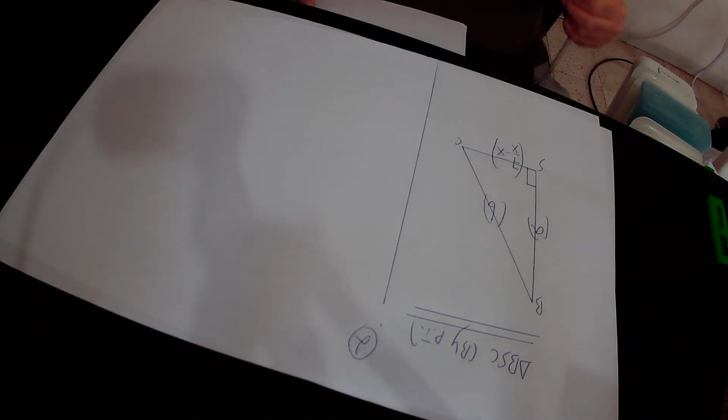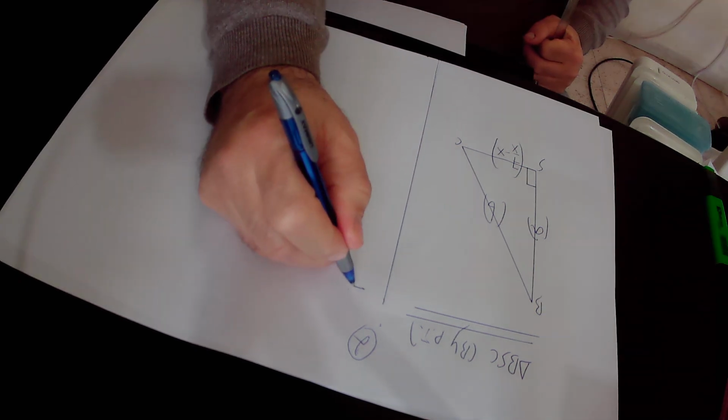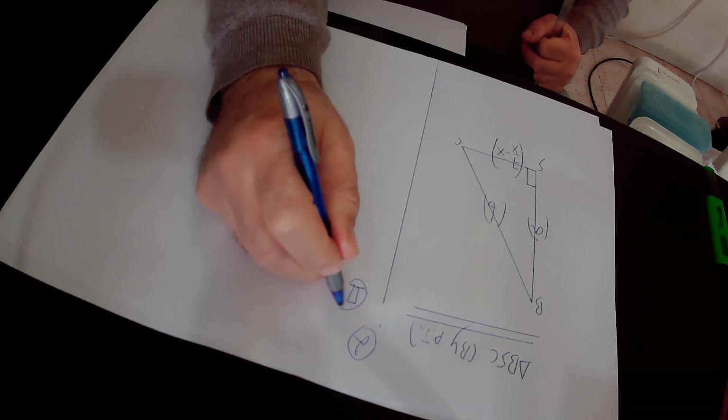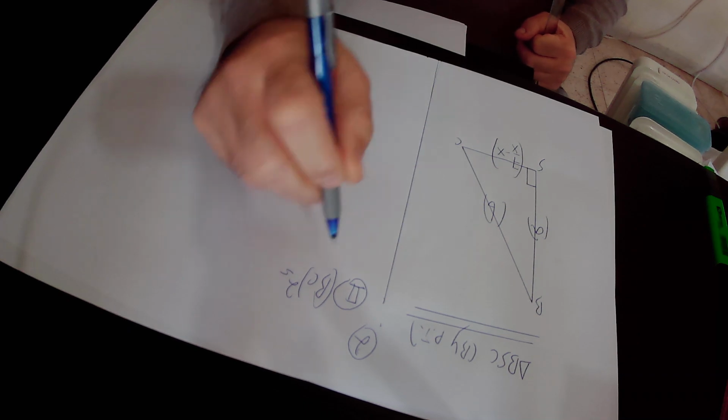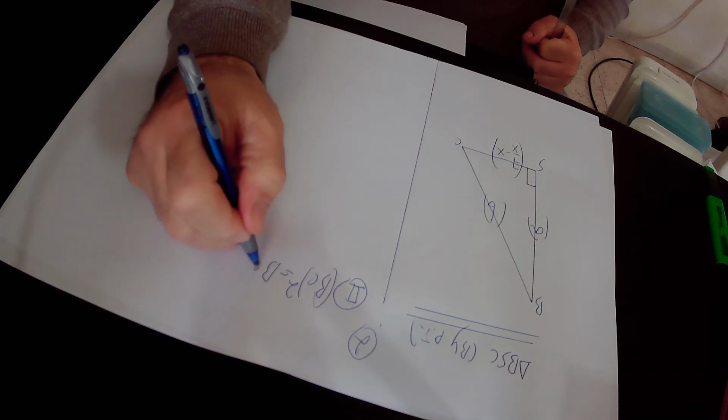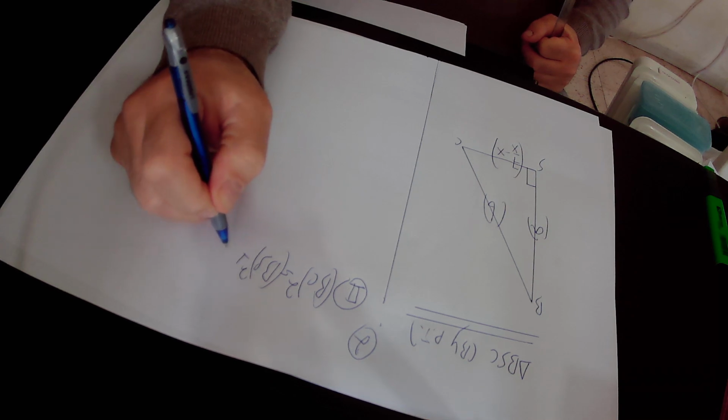So this is the right triangle BSC that I copied from the original drawing. In this right triangle BSC, according to the Pythagoras theorem, in any right triangle, the square of the hypotenuse equals the sum of the squares of the perpendiculars. In this right triangle BSC, the hypotenuse is BC, therefore the square of the hypotenuse is BC square, and it must be equal to BS square plus SC square.